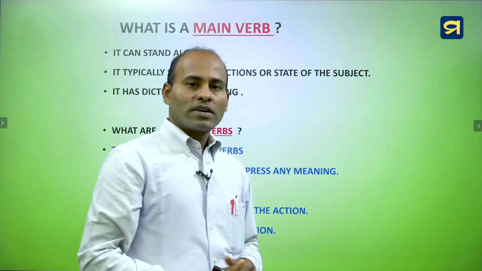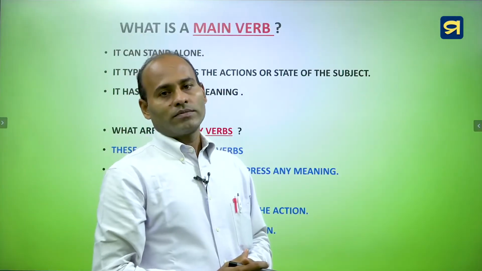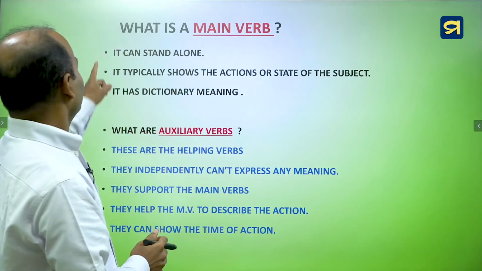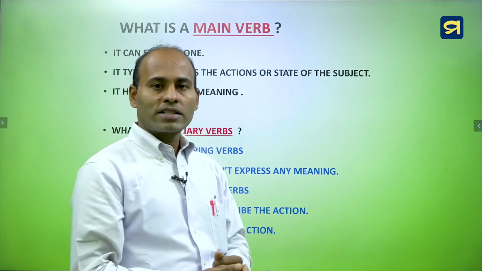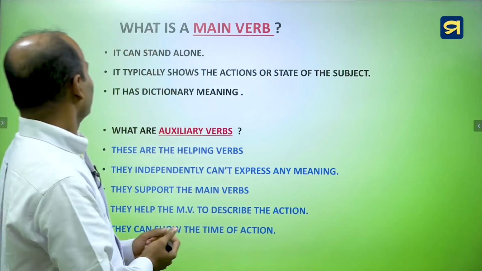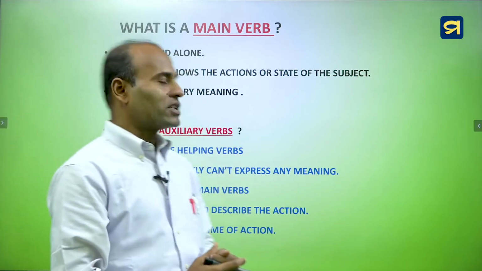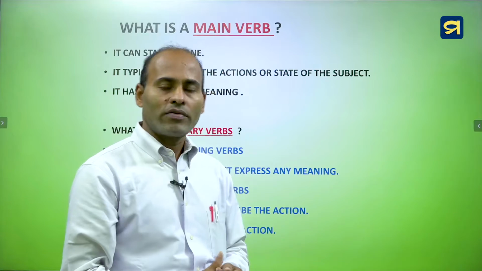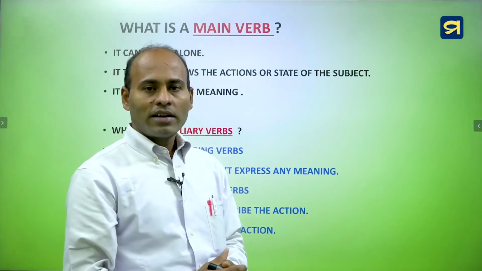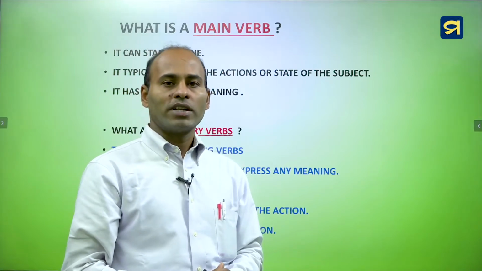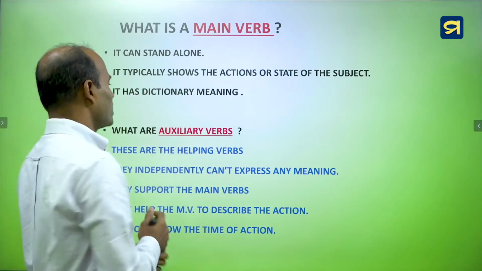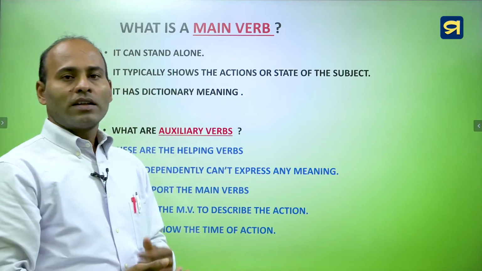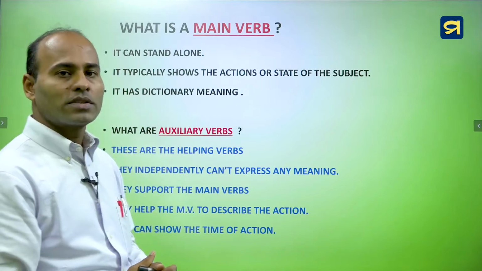So, what is a main verb? The main verb can stand alone. It typically shows the actions of state or fact, and it has some dictionary meaning. But in the case of auxiliary verbs, these are the helping verbs.